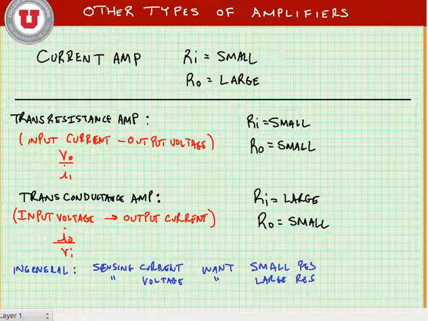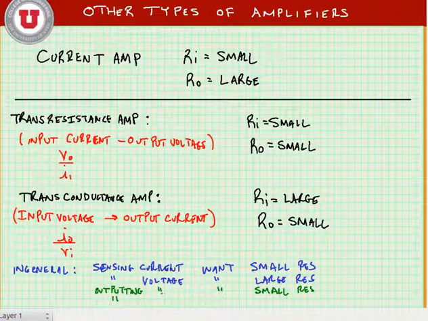Now, when we're outputting a voltage, we want a small resistance, again to avoid voltage division at the output of the amplifier.